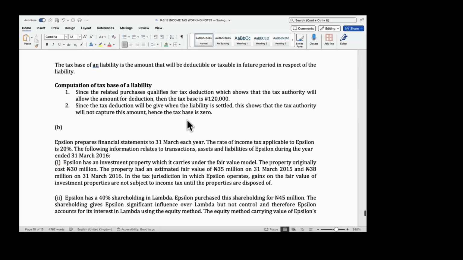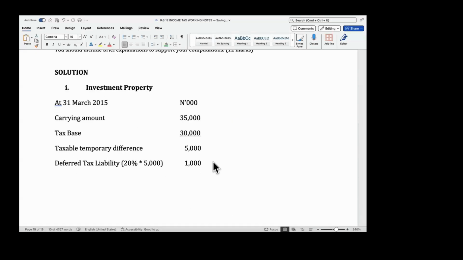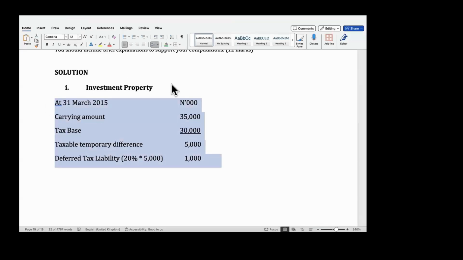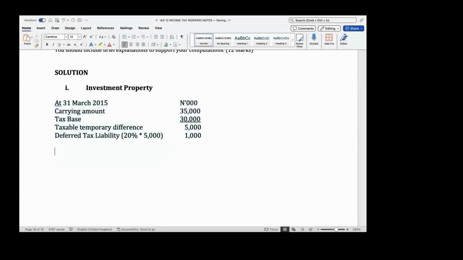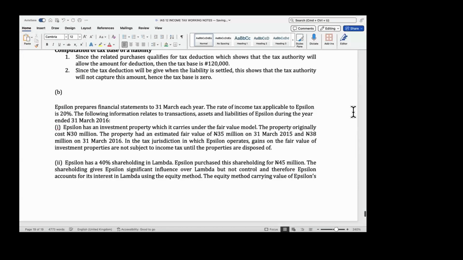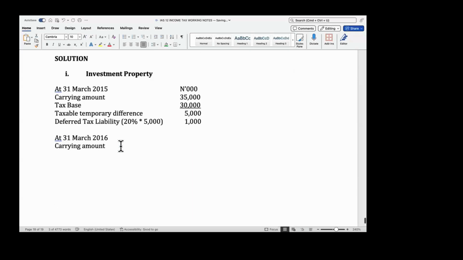Let me confirm that 20%. Okay, the rate of income tax is 20%, correct? So my deferred tax as at 2015 is 1,000. Now, at 31st March 2016, my carrying amount will have changed because the question told me that the fair value in 2016 is now 38 million.